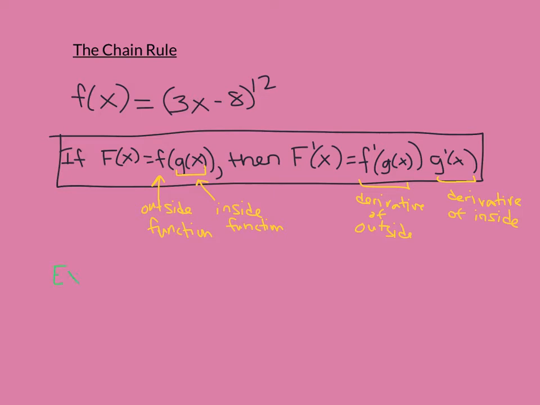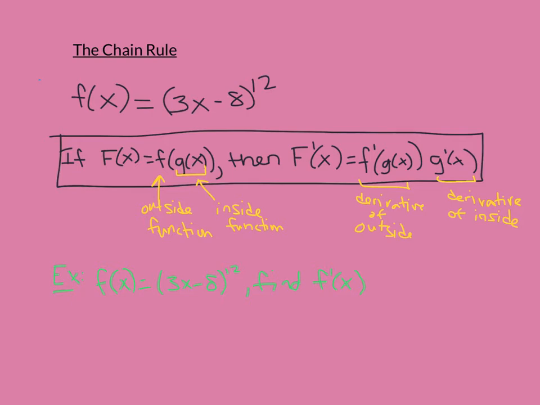I actually would like to just do the example of the one that we had up there. So we have f of x equals (3x minus 8) all to the 12th power. We are going to find the derivative of that. So when I said outside and inside, the outside function is that I am doing something to the 12th power.